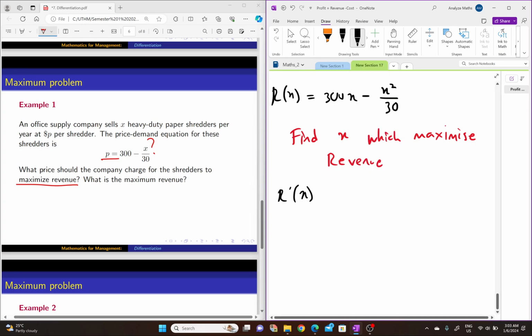For you to find x which maximizes the revenue, you differentiate the revenue function, and then make it equal to 0.